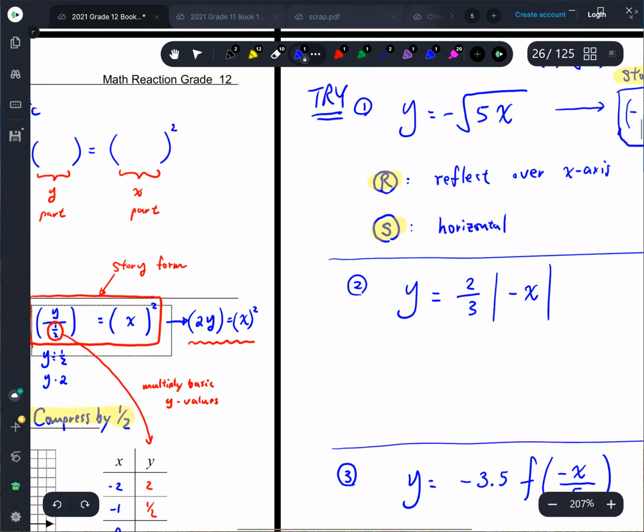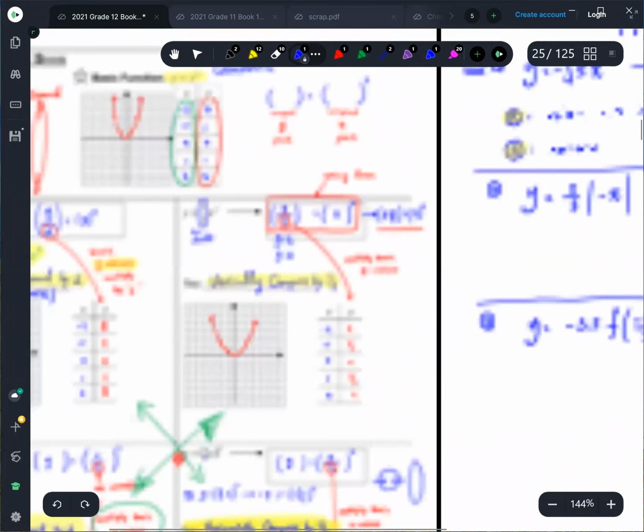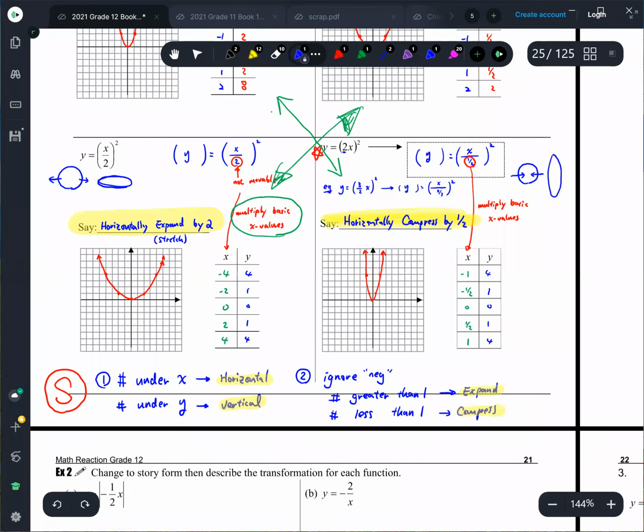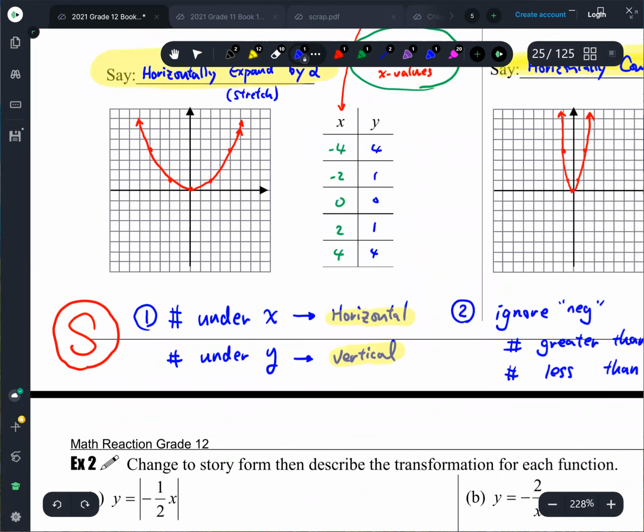You look at the rule on the last page, at the bottom. Did you write that down? Okay, how do you know it's horizontal? What does the rule say? Can you say it out? Number under x is horizontal, and number under y is vertical.